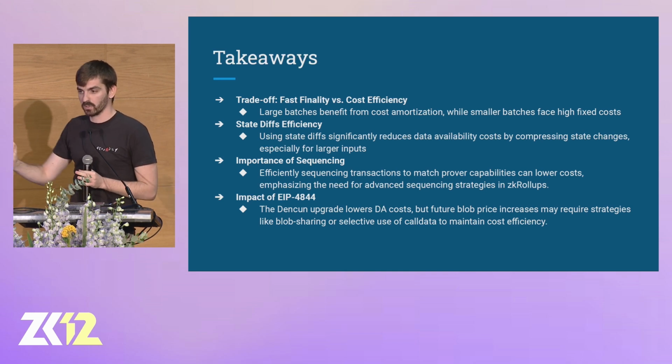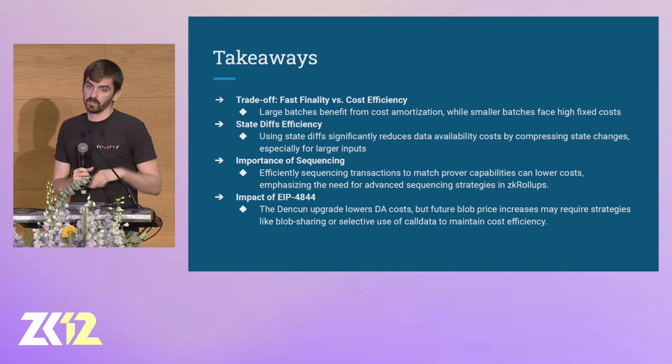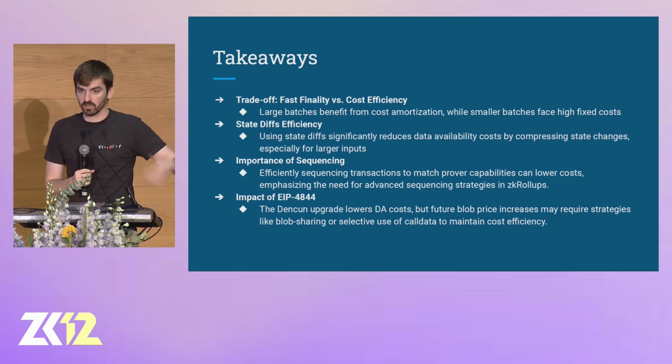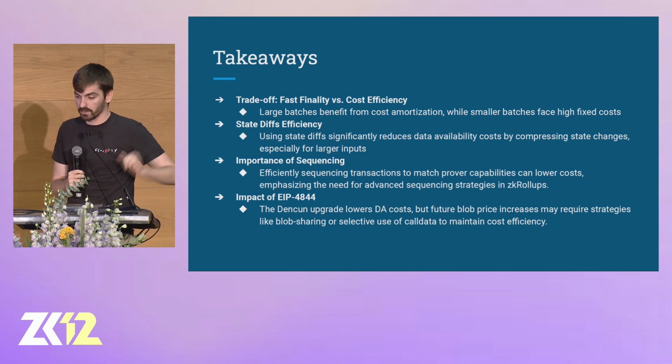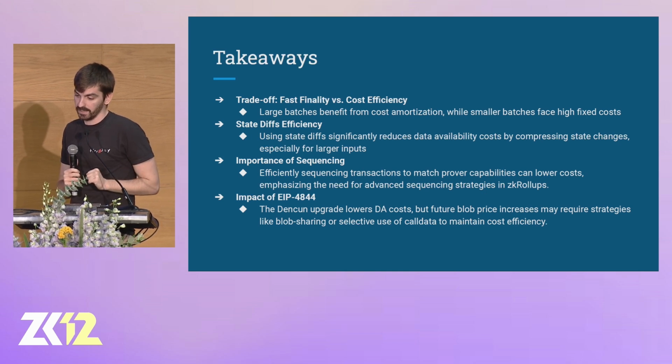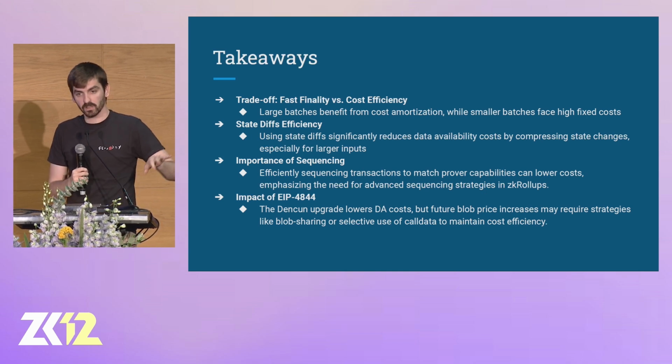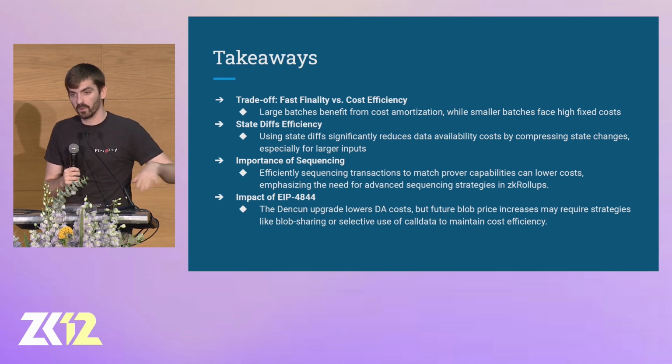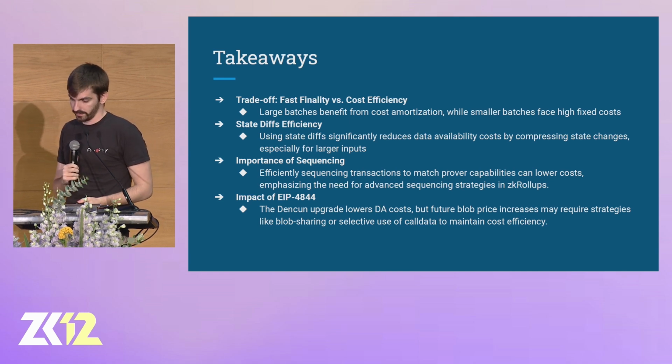Then you might want to move temporarily to cold data, or if you don't have many transactions and much data to post for your batches, but you want to have fast finality, you might want to try to share blob space with other rollups, if that's possible, etc.